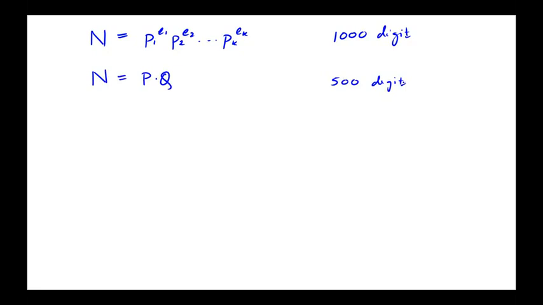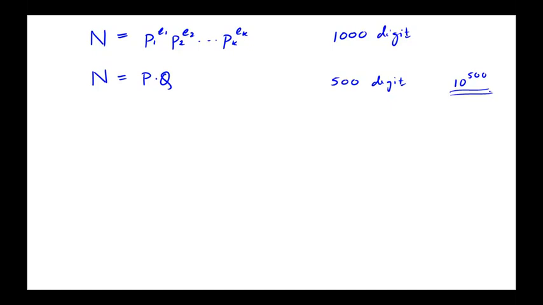It'll take 10 to the 500 possible divisors to try, and that's just hopeless.